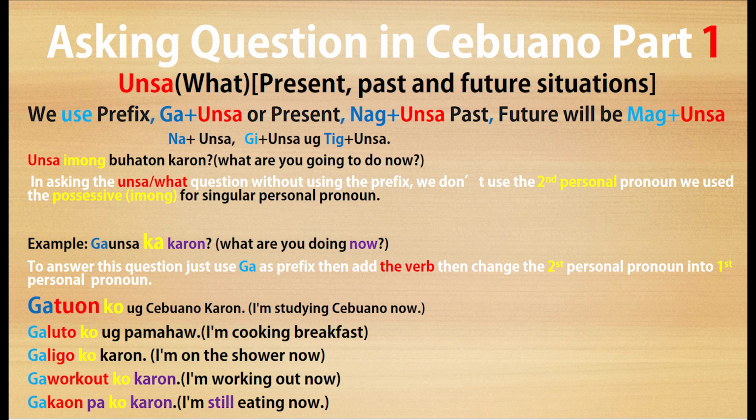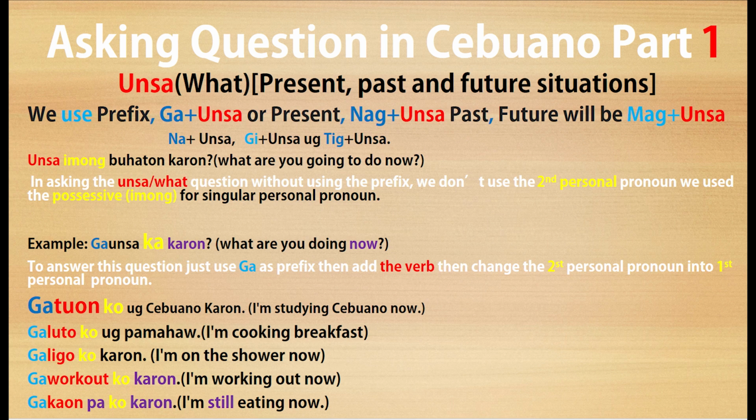Here, an example with the prefix ga. Gaunsa ka karon. So, what are you doing now? This one is the same question as the first one without the ga, but in this question we use the second person singular ka instead of imong.